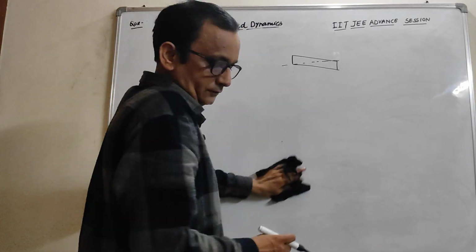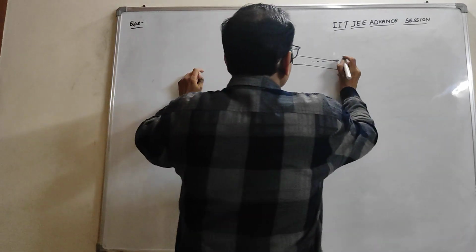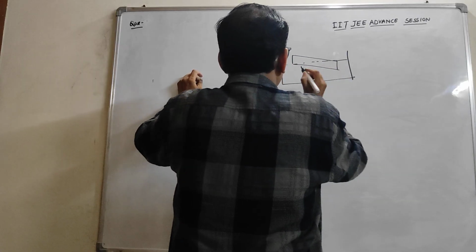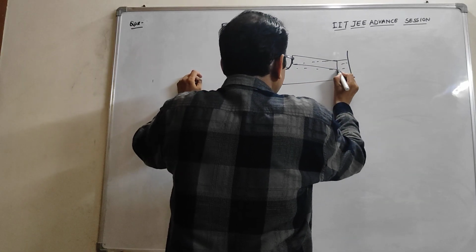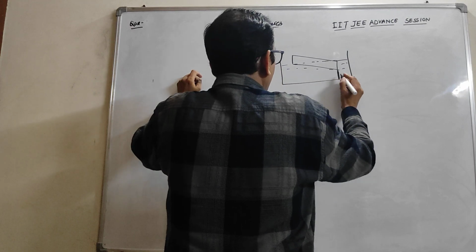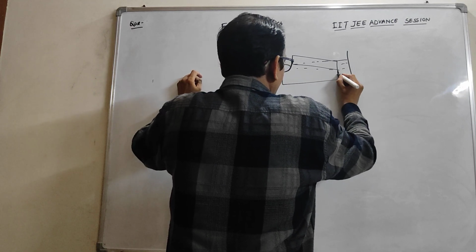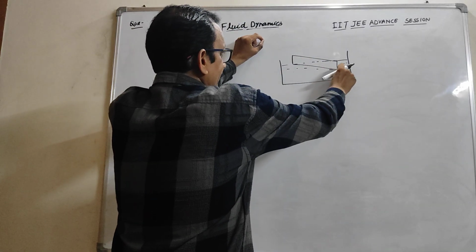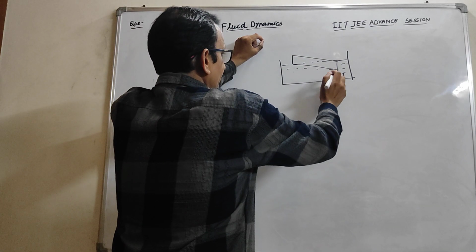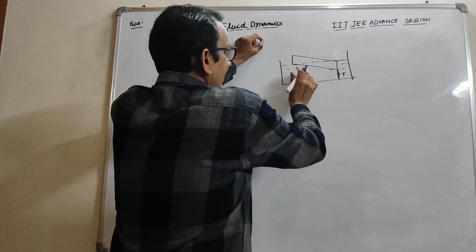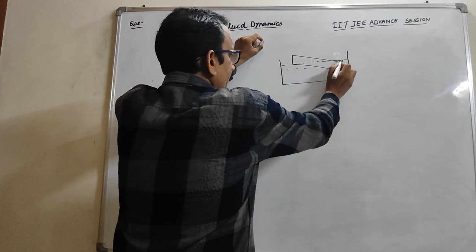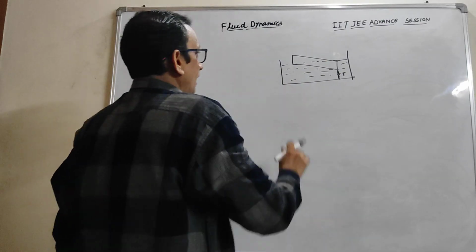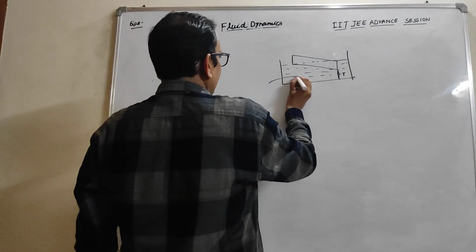In this scenario we have to find this. This is the liquid, and this portion of the block is tethered by a string. Tethered means a string is attached here and this portion is attached here. So, as it is, half the portion is submerged inside the liquid and half the portion is outside of the liquid. The density of water is rho.